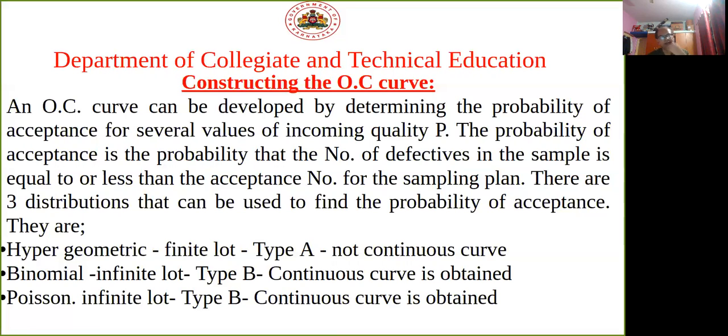We will be learning these hypergeometric, binomial, and Poisson's distributions in future, as we go further. That is one way of constructing the operating characteristics curve.